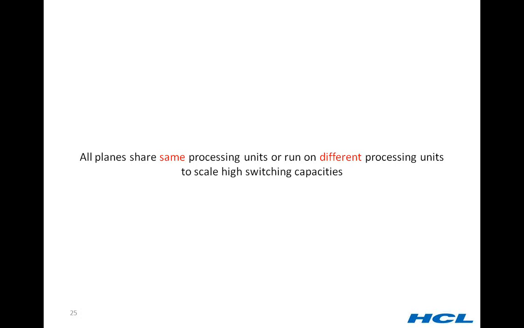Like how we did in the math notebook, where you have multiple users using the same notebook and different combinations. Similarly, here all those three planes could share the same processing units, or they could run on different processing units. If you want to provide a high capacity device, a router or a switch, then obviously you will end up having different processing units for different planes, because that makes it much faster.